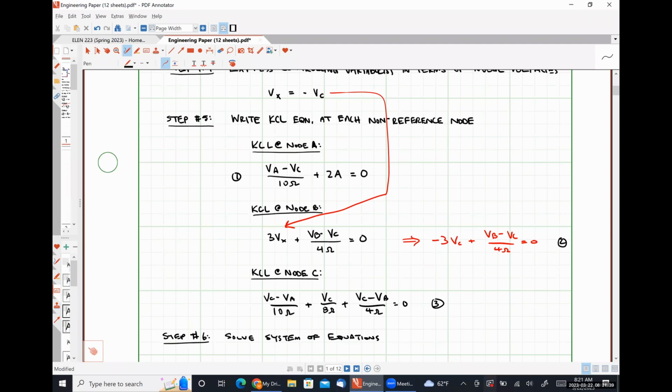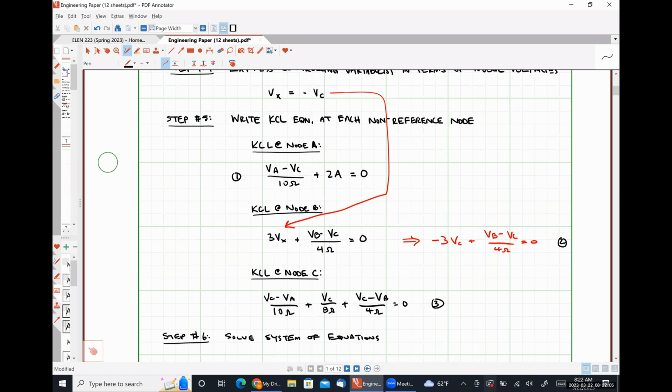In my second equation, my coefficient for VA is 0. My coefficient for VB is positive 1/4. And my coefficient for VC is negative 3 minus 1/4. I'm literally just typing that coefficient into my calculator in that form and letting it do all of the simplification for me. My constant term is equal to 0.